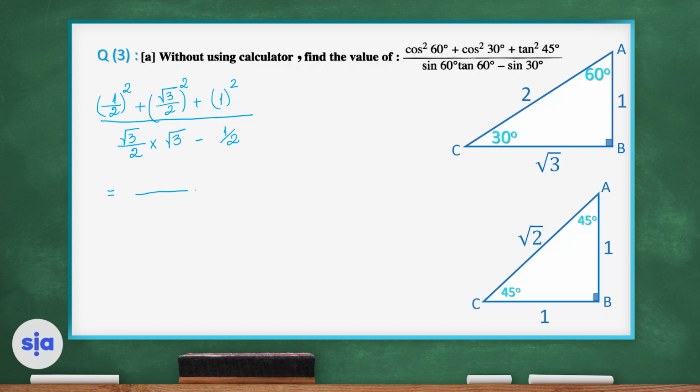If you simplify the fractions, you will see that half squared is 1 over 4, plus this part squared is 3 over 4, plus 1 over 3 over 2 minus half. If you simplify the numerator, it will be 1 plus 1, and the denominator will be 1. Then the answer is 2.